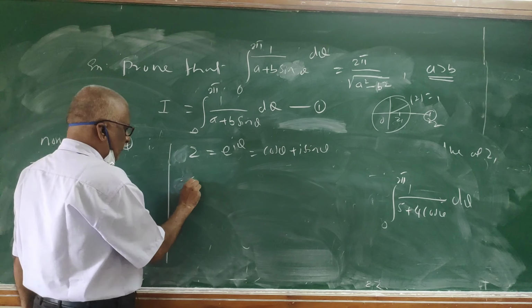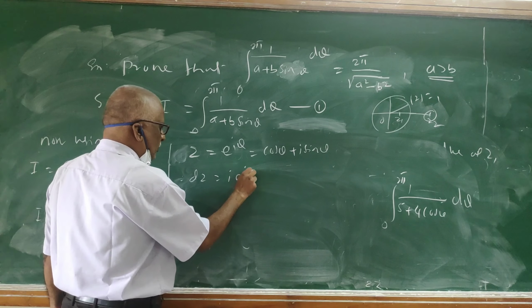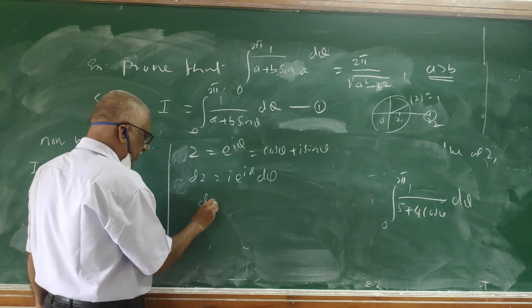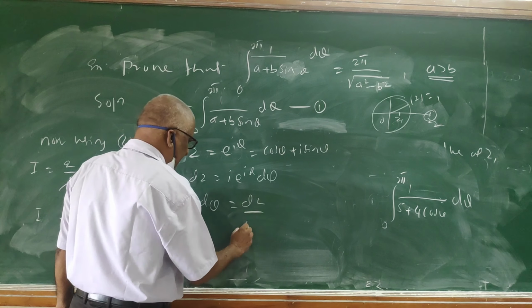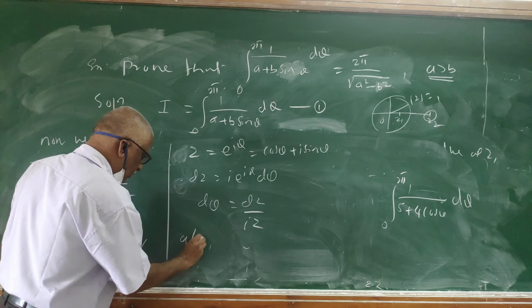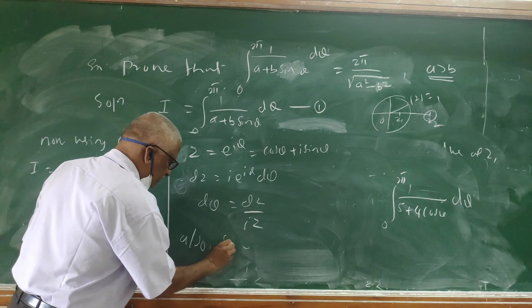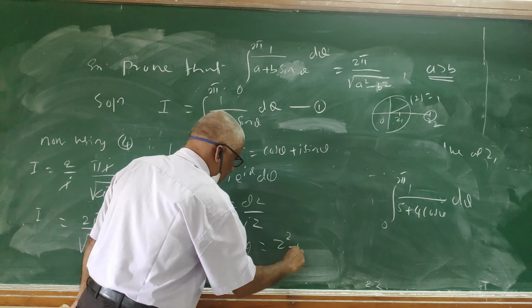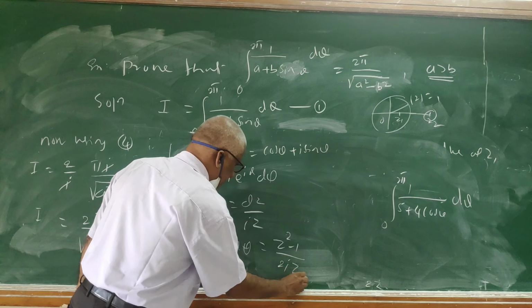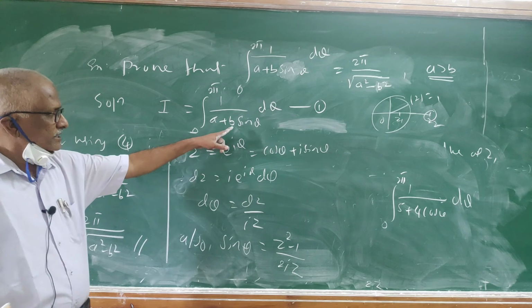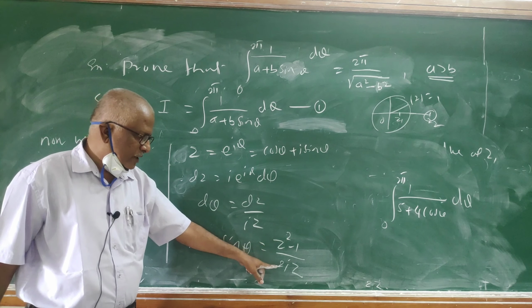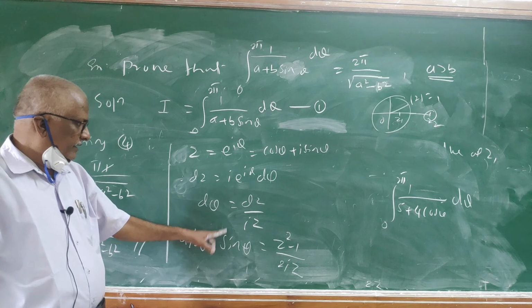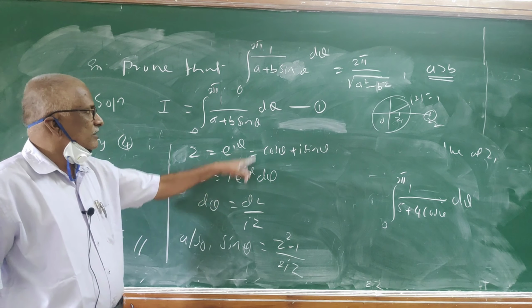As usual, dz equal to i e raised to i theta d theta, or d theta is equal to dz by iz. Also, we have already defined sin theta as z square minus 1 by 2iz. Simply replace sin theta by z square minus 1 by 2iz and d theta by dz by iz.